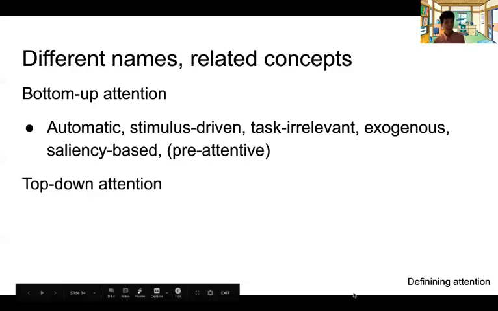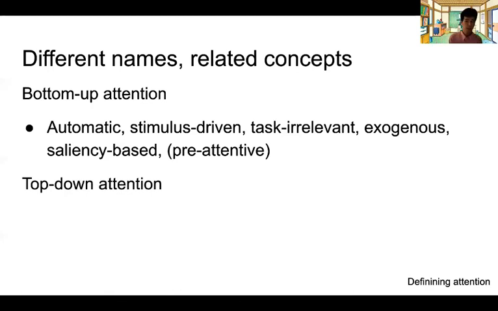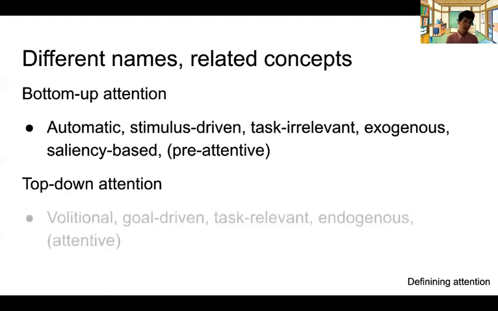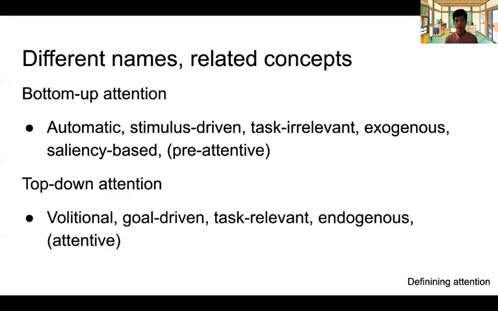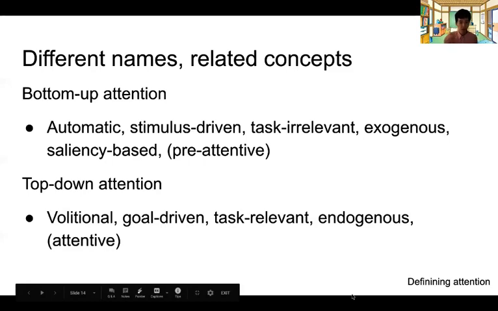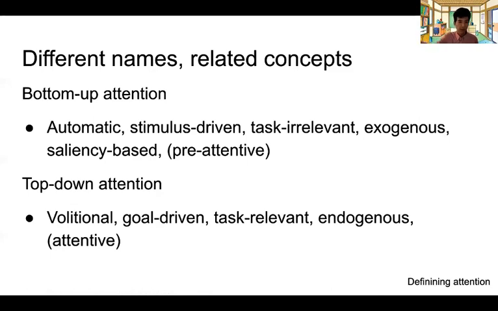Okay, then the other one, in contrast, is top-down attention. These concepts can be almost like opposite or dual to bottom-up attention, and it is volitional. So while you are fixating here, you can volitionally control your attention to somewhere else, and that's top-down attention. And it is goal-driven. So if you have some kind of goal to, let's say, move your hand over there, attention is already directed there, and that's goal-driven and task relevant.